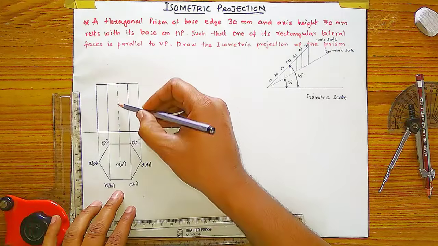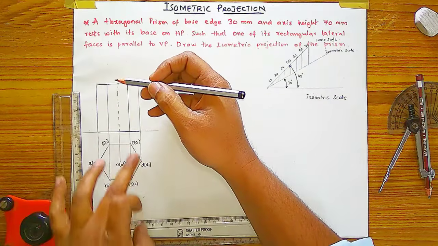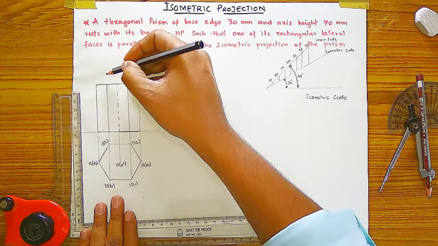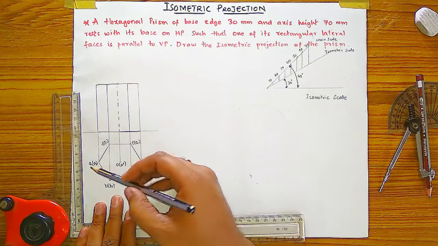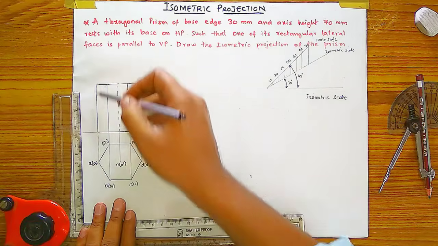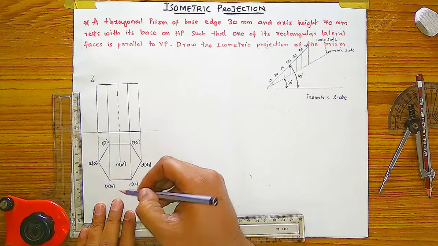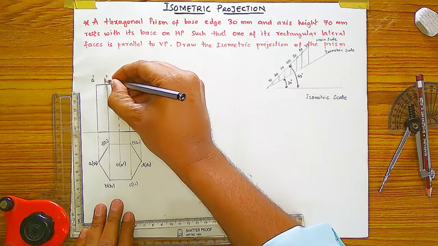Now you have to label this prism also. This A, B, C, D, E, F and O you have to see from downwards and label upwards. How, I am going to explain. If A is visible from downwards, so going up write it as A dash. B is also visible from downwards, so write it as B dash.